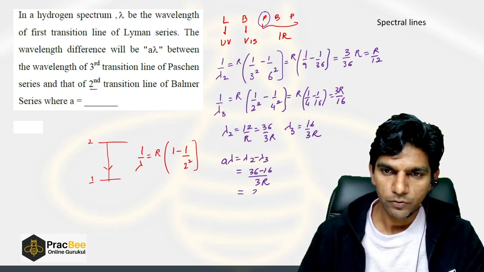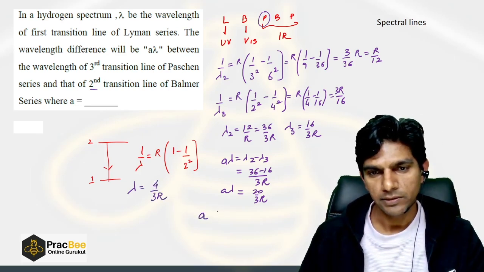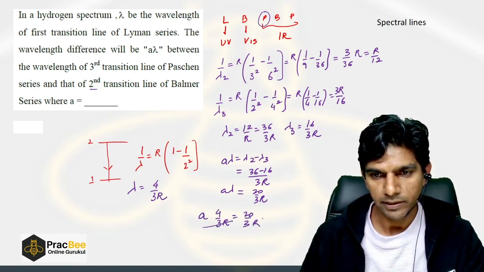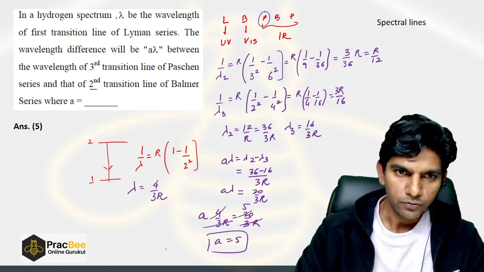So this comes out to be 20 upon 3R, delta lambda. And what is lambda? So lambda will be 4 upon 3R, right? So let us substitute the value. So A times 4 upon 3R is equal to 20 upon 3R. So this 3R will get eliminated and we will get A as 5. So 5 is the answer.